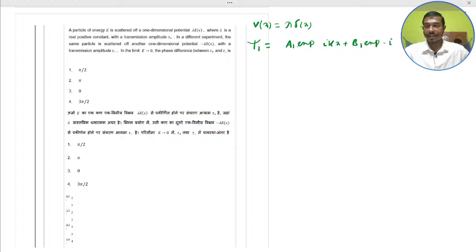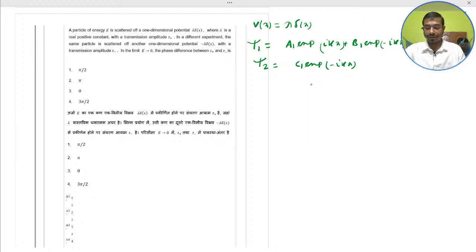I hint you this question, that the potential is given V(x) = lambda delta(x), and here psi 1 is a1 exponential ikx plus b1 exponential minus ikx, and psi 2 is c1 exponential ikx.